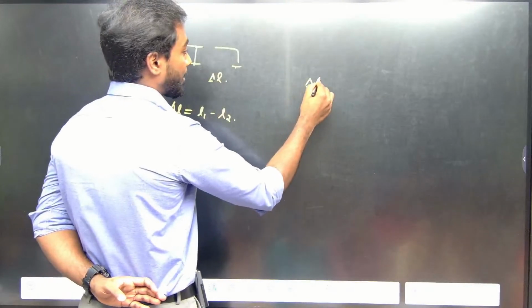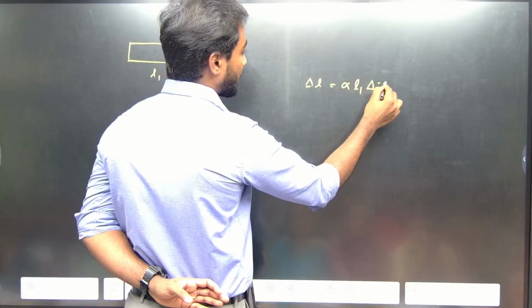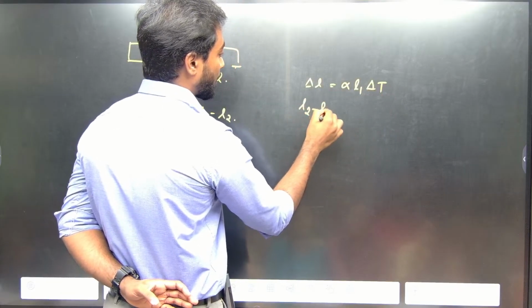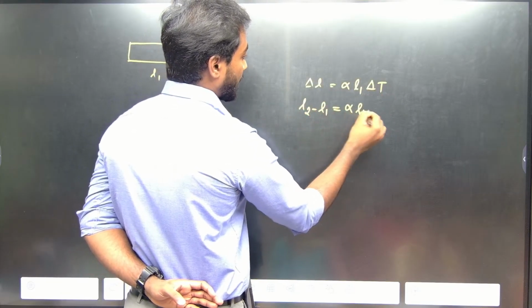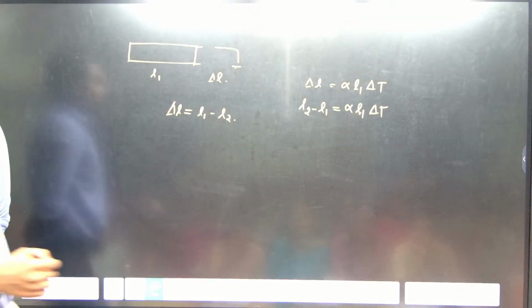So delta L is equal to alpha times L1 into delta T. So L2 minus L1 will be equal to alpha L1 delta T, correct? Then what will be the alpha?